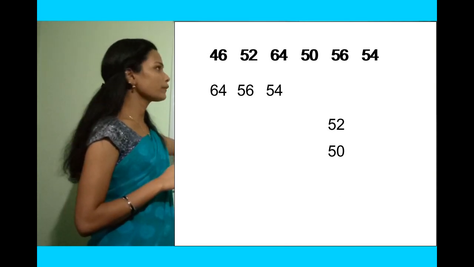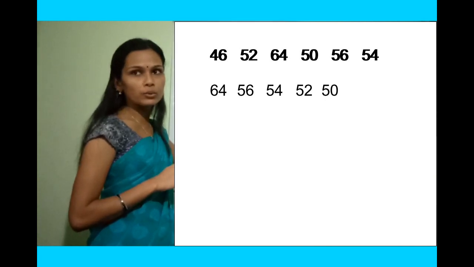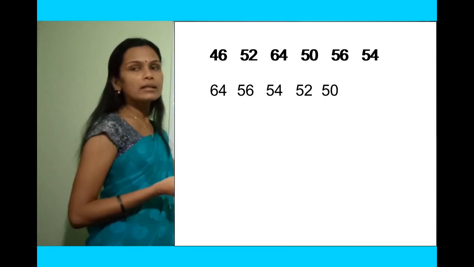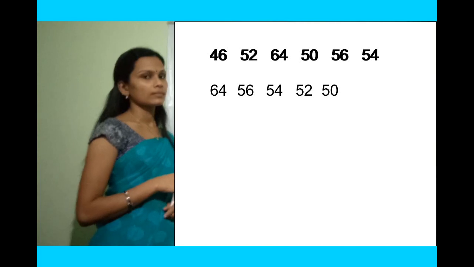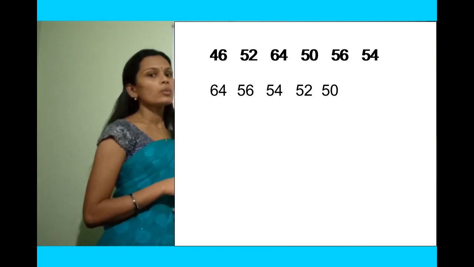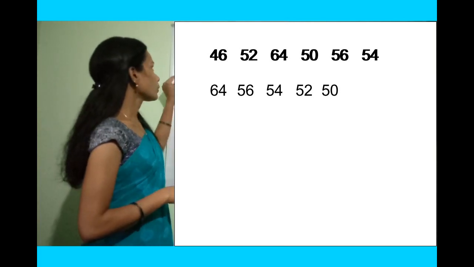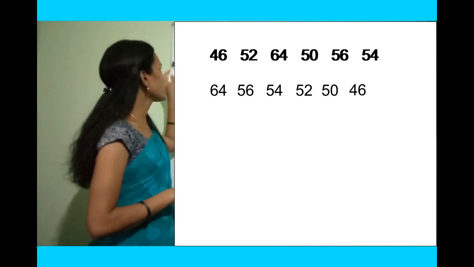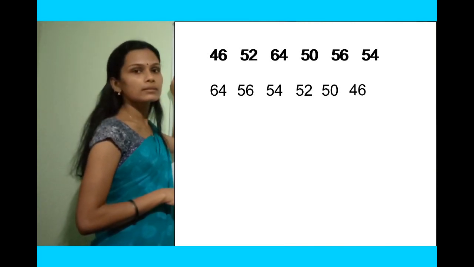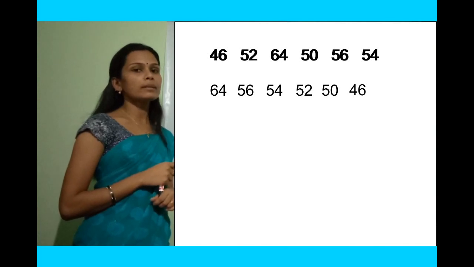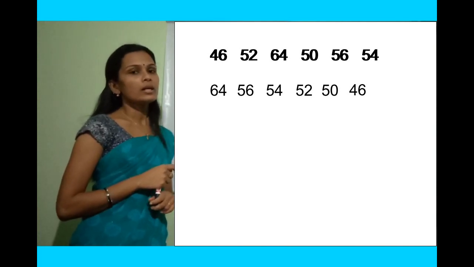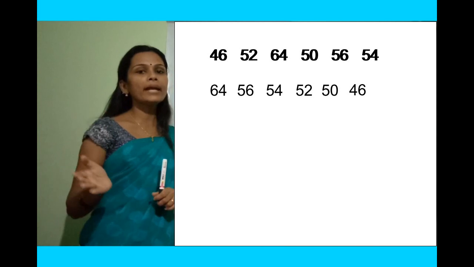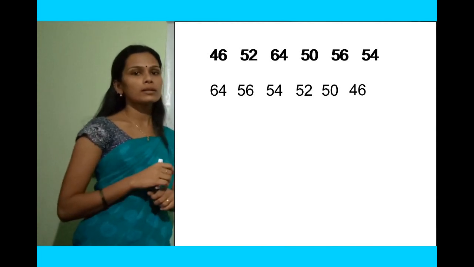So after 54 we have to write 52 and then we have to write 50. We are left with only one number and it is 46. So after 50 we have to write 46. Now we arranged the numbers in descending order, which means from big to small.